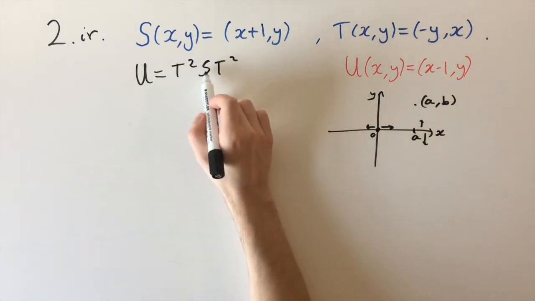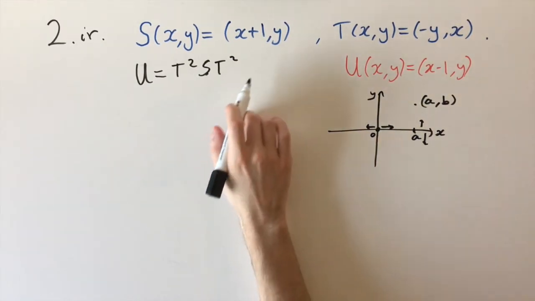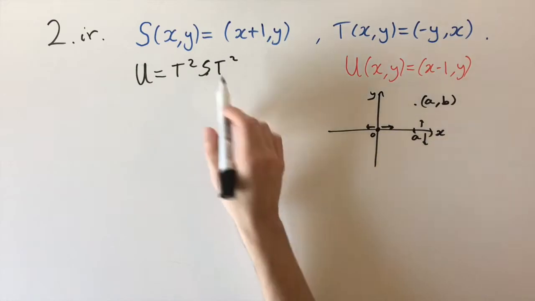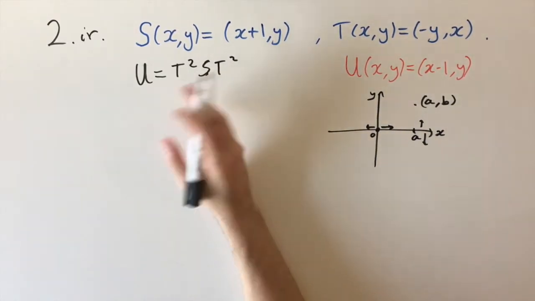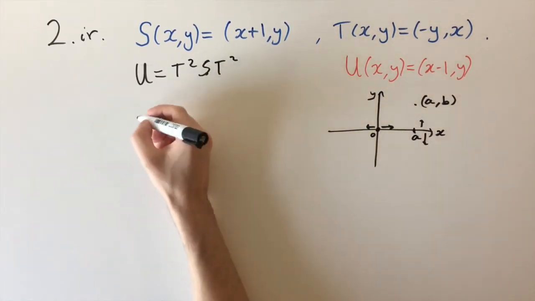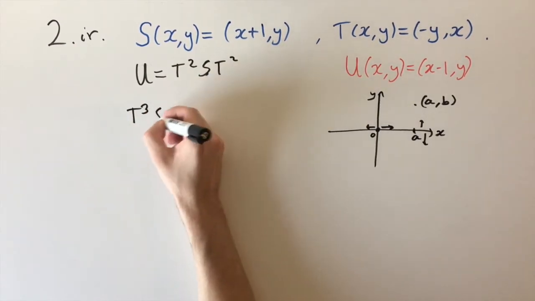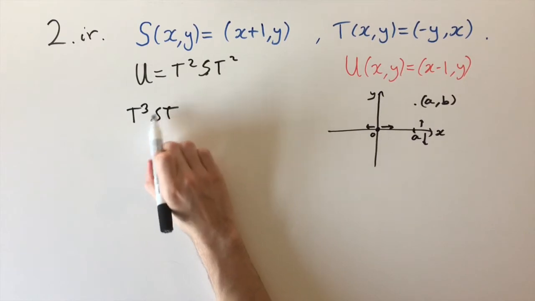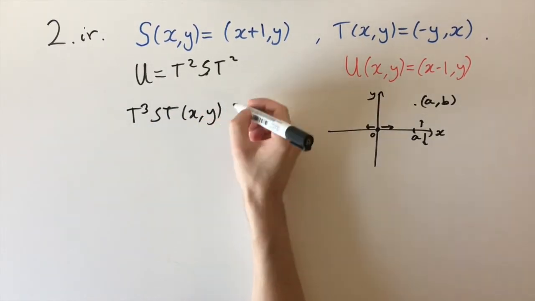We need to use s at least once to move the coordinate by 1, and we need some combination of t to move upwards instead of side to side. But we're going to need t applied 4 times so we have the orientation correct again. So let's just try different powers of t. If we try, for example, t cubed s t, then this satisfies our conditions where we use s once and t 4 times. And let's see what this maps it to.